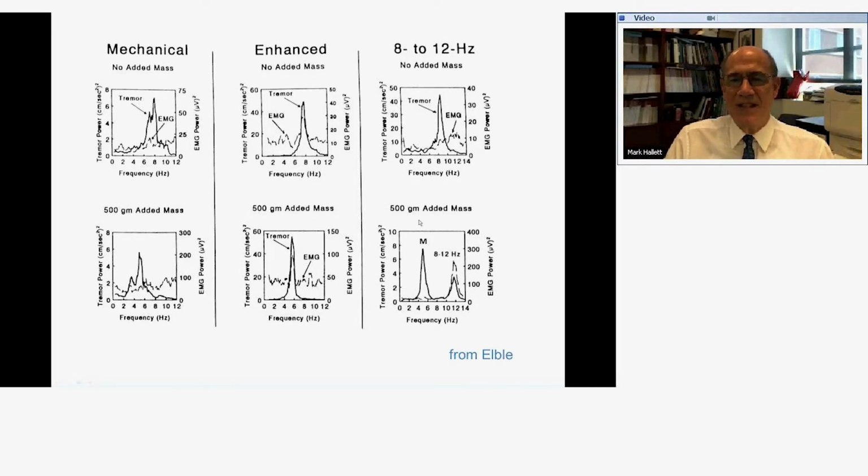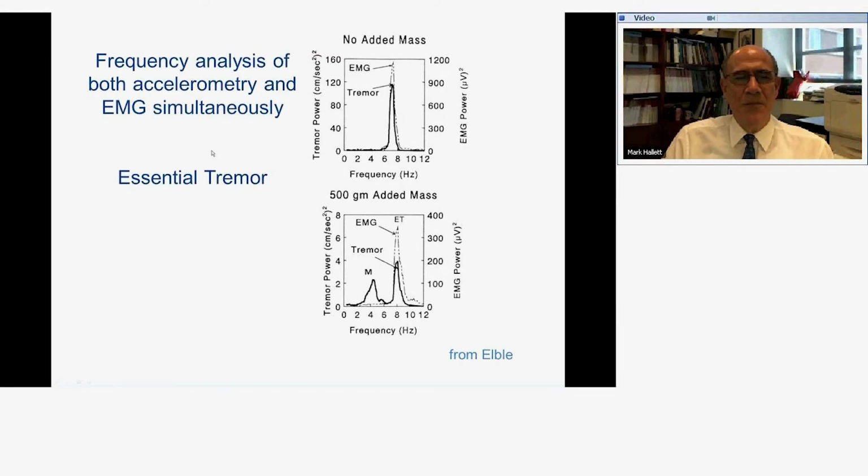And here you have a central oscillation. In some normal individuals, but not all, you have an 8 to 12 central peak that also contributes to the physiological tremor. In people that have essential tremor, you have a very strong central component.